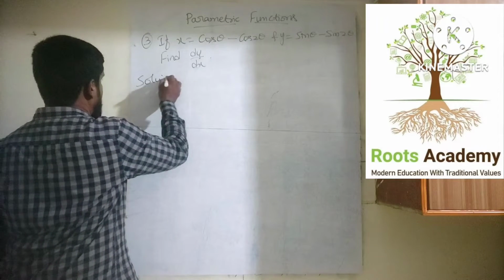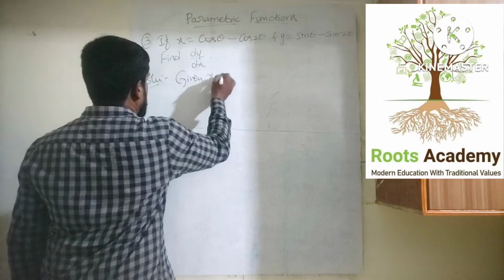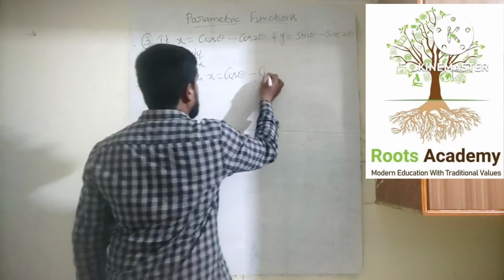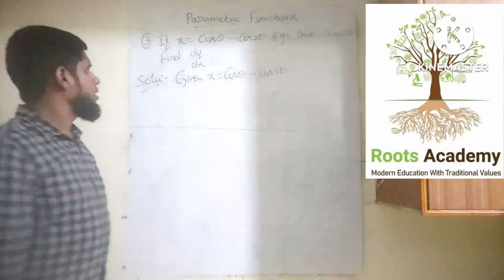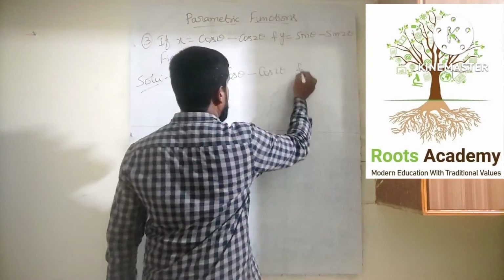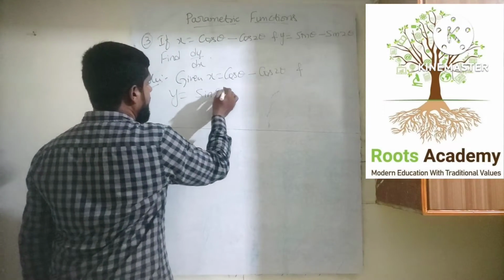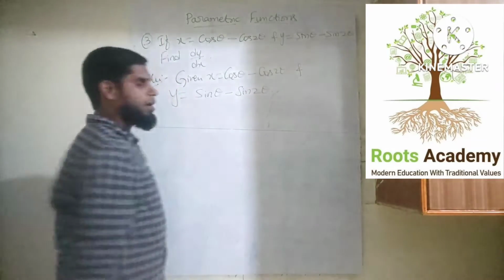Solution: given x is equal to cos theta minus cos 2 theta and y is equal to sin theta minus sin 2 theta.